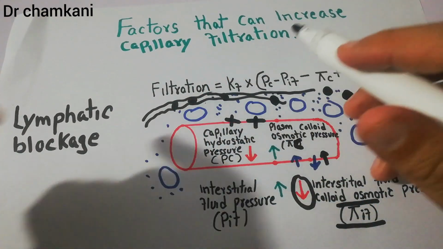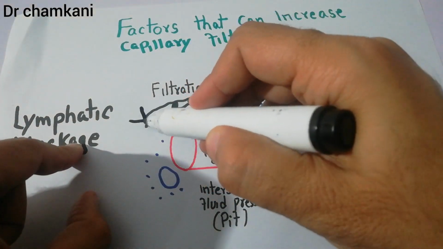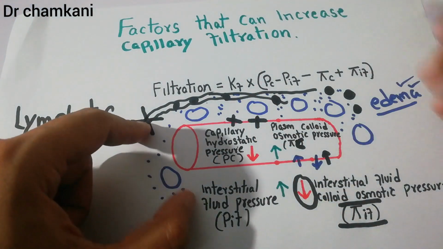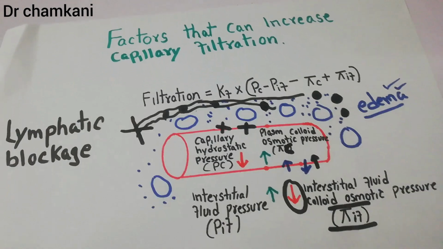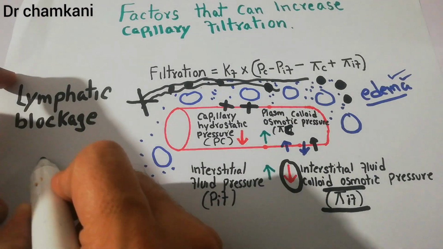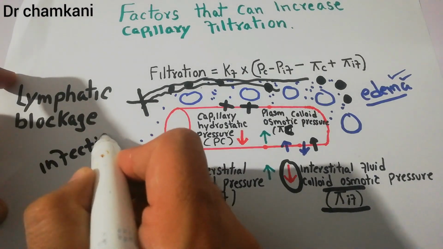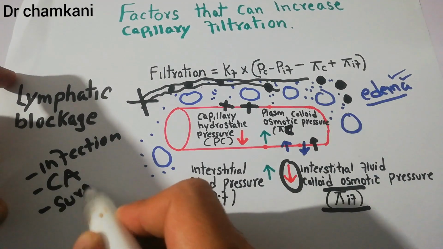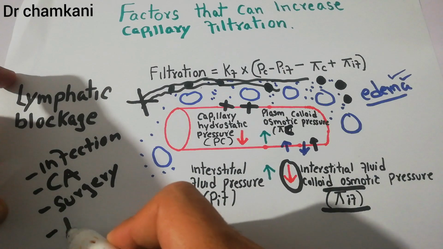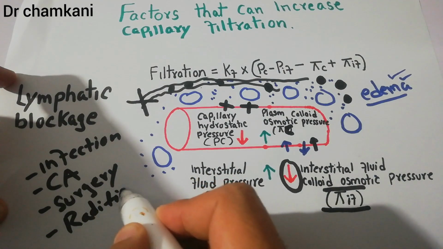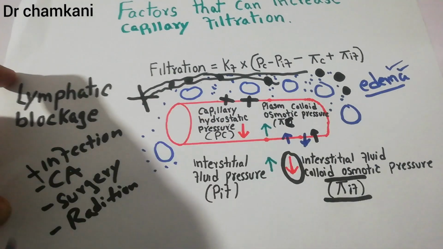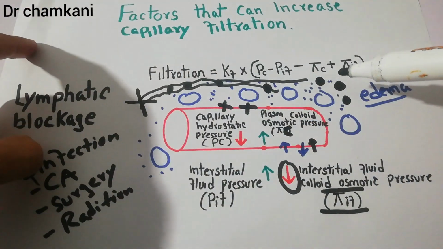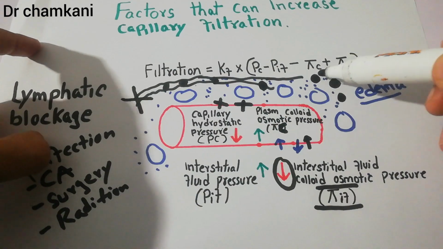But if lymphatic blockage occurs, if this vessel is blocked either due to infection, carcinoma or cancer, surgery, or radiation, if any of these conditions blocks or destroys the lymphatic vessels, these vessels won't be able to transport the large molecules of proteins and fats.